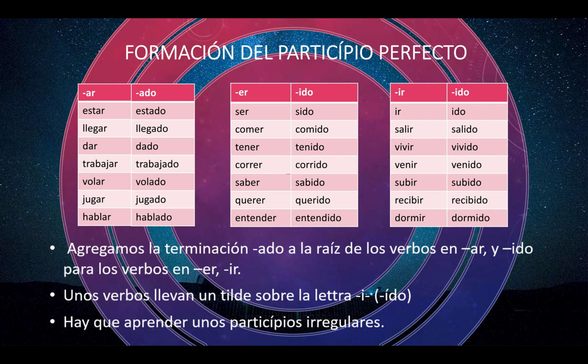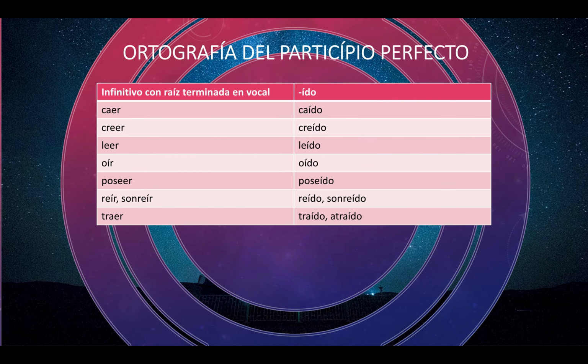So in English, it usually ends with an ed or en, and there are lots of irregulars. In Spanish, we only have two little spelling notes to take into account, and then there are a few irregular verbs. First, those verbs where the stem of the verb ends with a vowel.